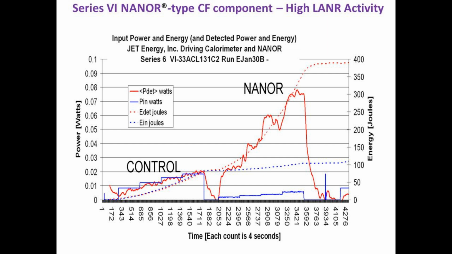The blue lines going to the right as a function of time are the electric input power in watts. On the left is the ohmic control giving the same output power as the input, whereas the LANR type component gives much more output than is delivered to it to drive it.